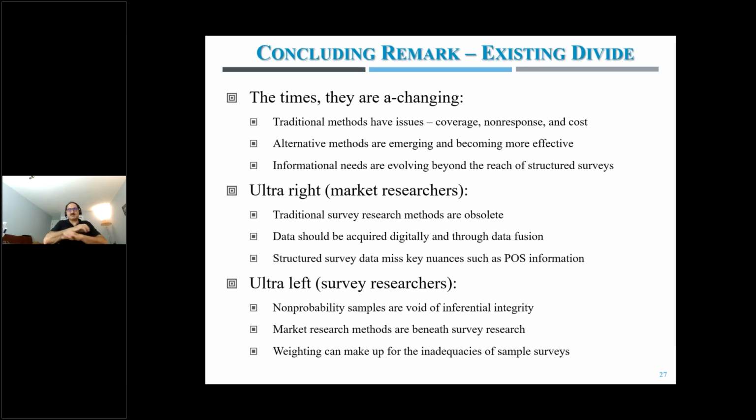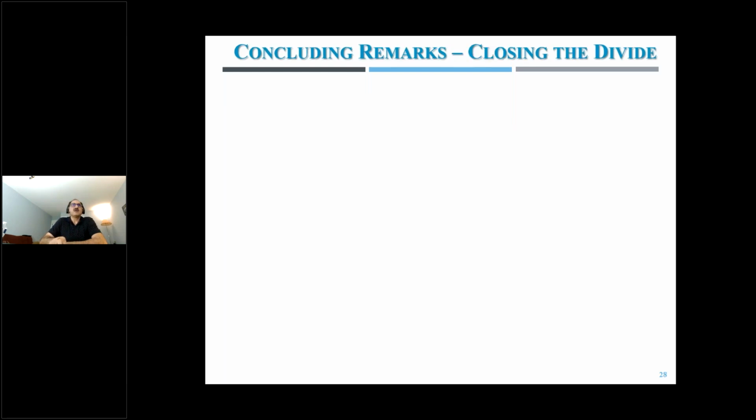And because they think that marketing research techniques are beneath the survey research world, they often bank too much on weighting, and they think that weighting can take care of any operational issues and challenges that we may encounter.